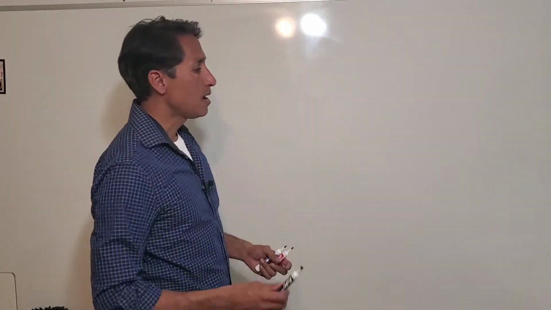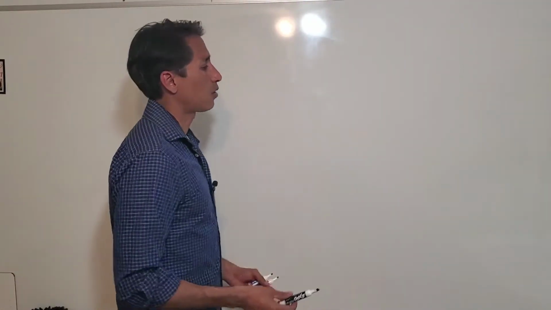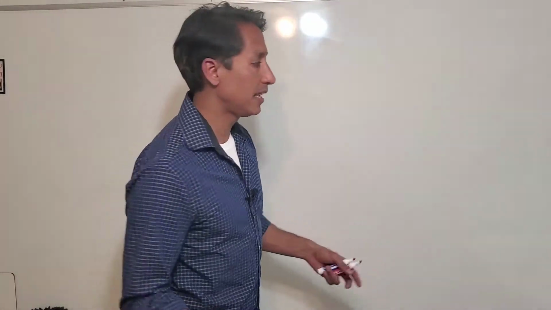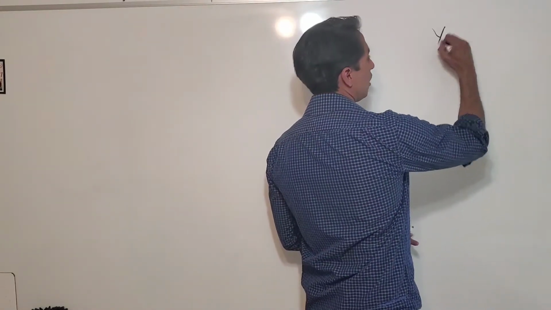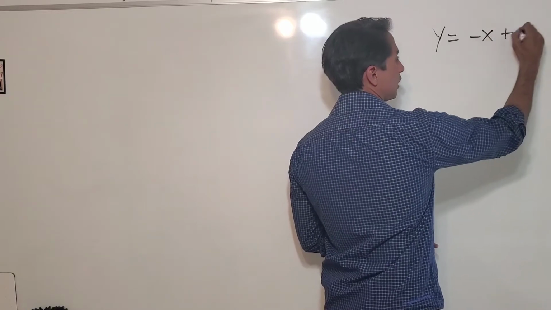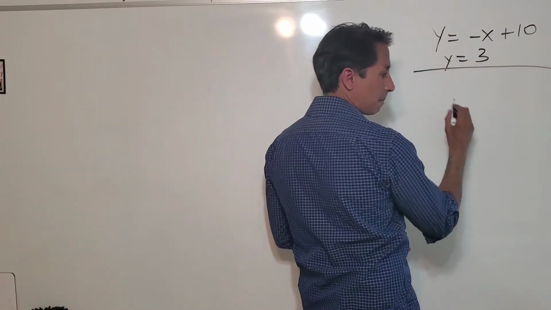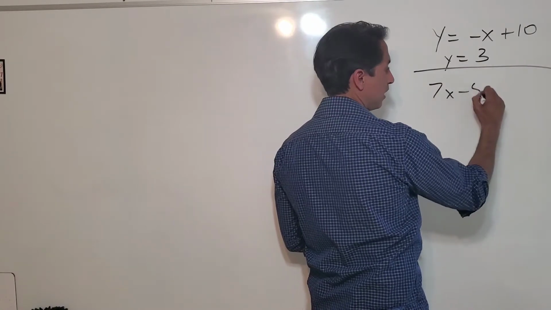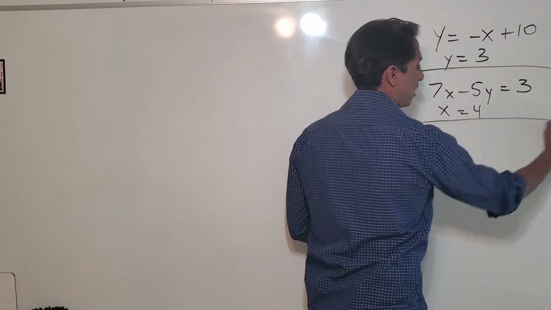All right, so these ones here, let me just make sure I've got a screen up. We're going to solve these ones algebraically. I've got my first one here, which is y equals negative x plus 10 and y equals 3. I've got 7x minus 5y equals 3 and x equals 4.